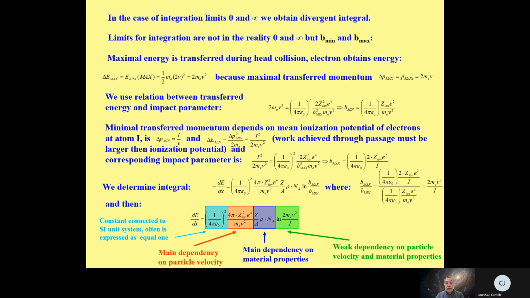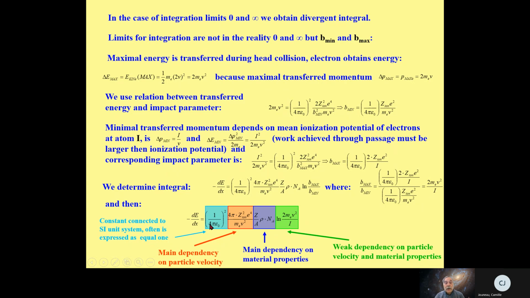And what does this equation mean, and what are the different parts of this equation? The first part is connected only with a constant, which is necessary for the different unit system which you use.